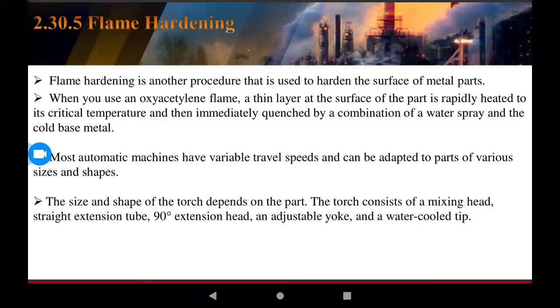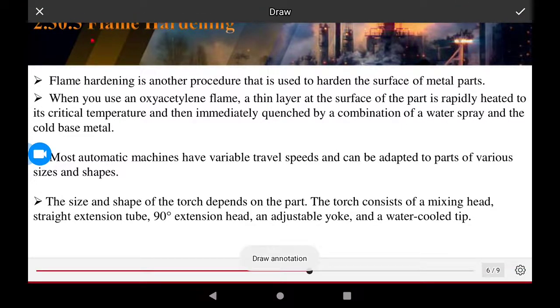Flame hardening. Flame hardening is another procedure that is used to harden the surface of metal parts.